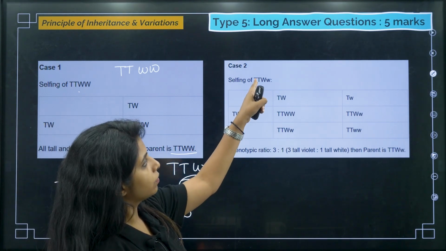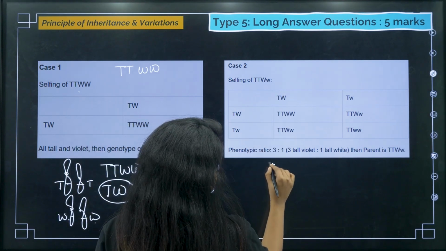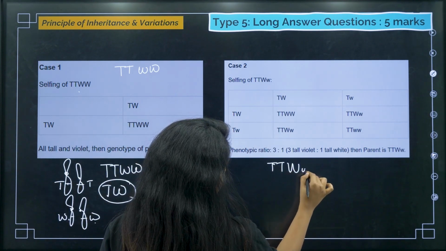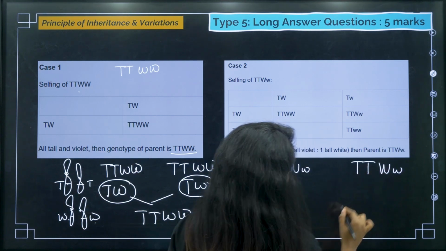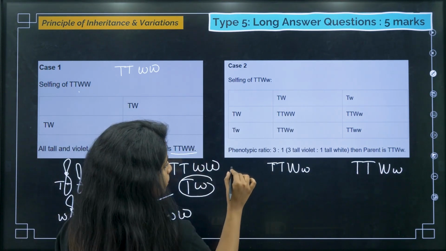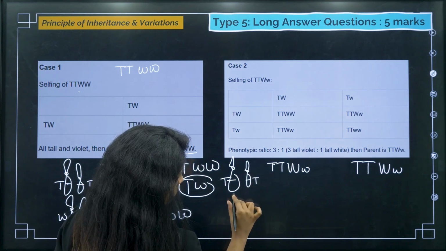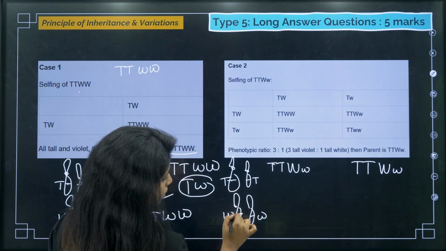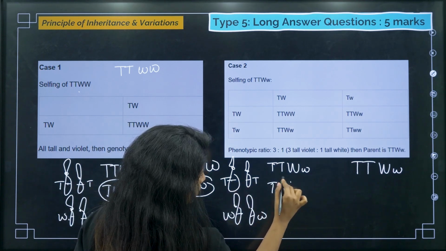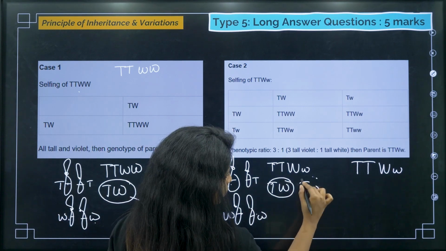Now second condition, when the genotype is like this. In this case, there is capital T, capital T, capital W, small w. Now if I am selfing capital T, capital W, small w, on the chromosome I can have capital T over here, capital W over here, and small w over here. So this and this can go, so it will be capital T, capital W. Then this can go, so it will be capital T, small w.